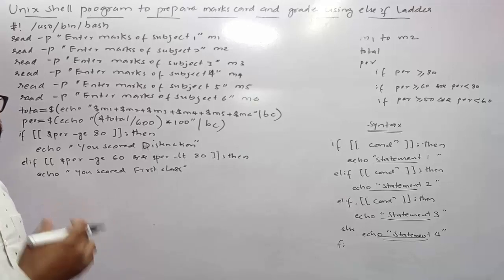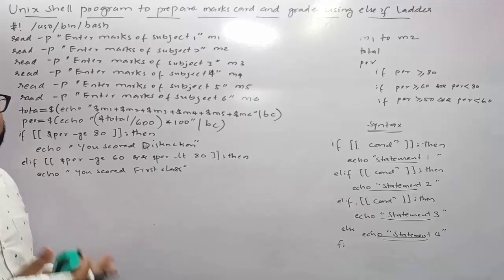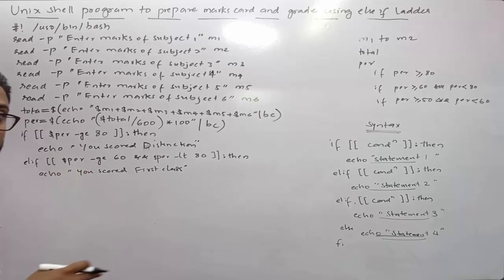Okay. What if the user percentage didn't come in the range of 60 to 80? That means we need to check for one more condition, because the user might have scored lesser than 60.